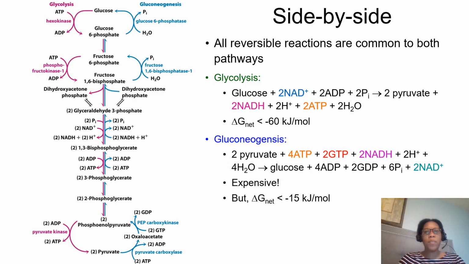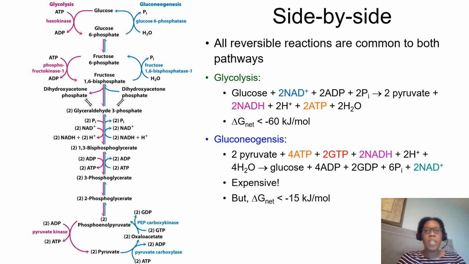Here we have a side-by-side of glycolysis on the left and gluconeogenesis on the right. So gluconeogenesis is the reverse of glycolysis, utilizing the exact same enzymes for most of the reactions. However, the irreversible reactions utilize a different enzyme.